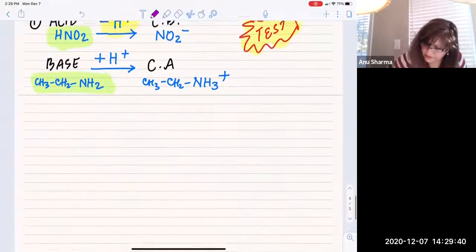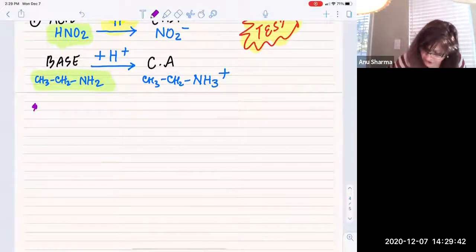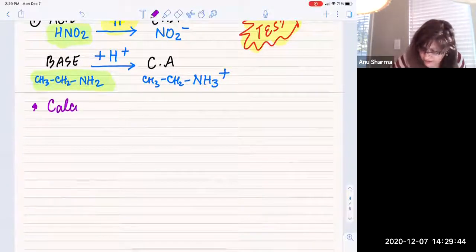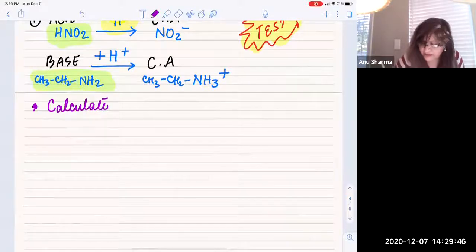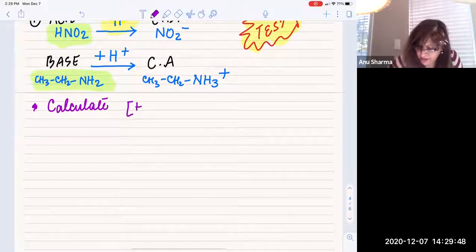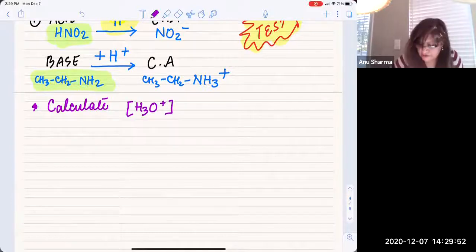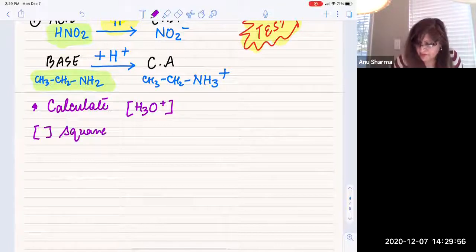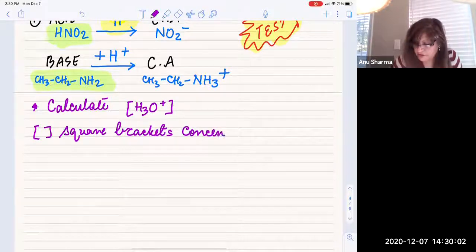So here, this is a calculation based question. Calculate the hydronium ion concentration. Remember that concentrations are always in square brackets. Square brackets are concentration, and concentration means amount, and that amount can be expressed as molarity.